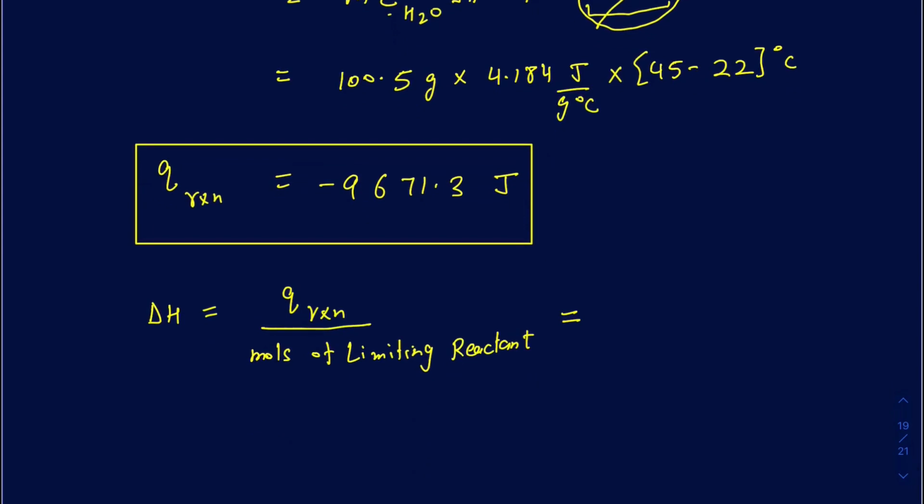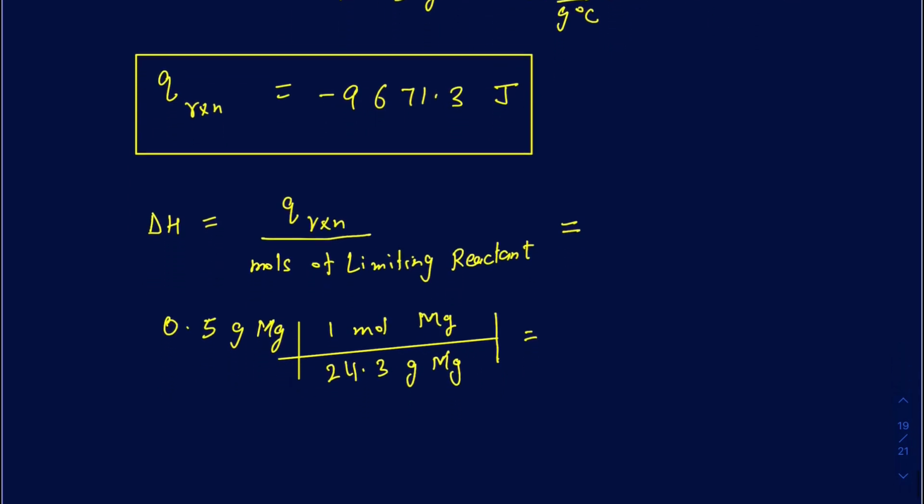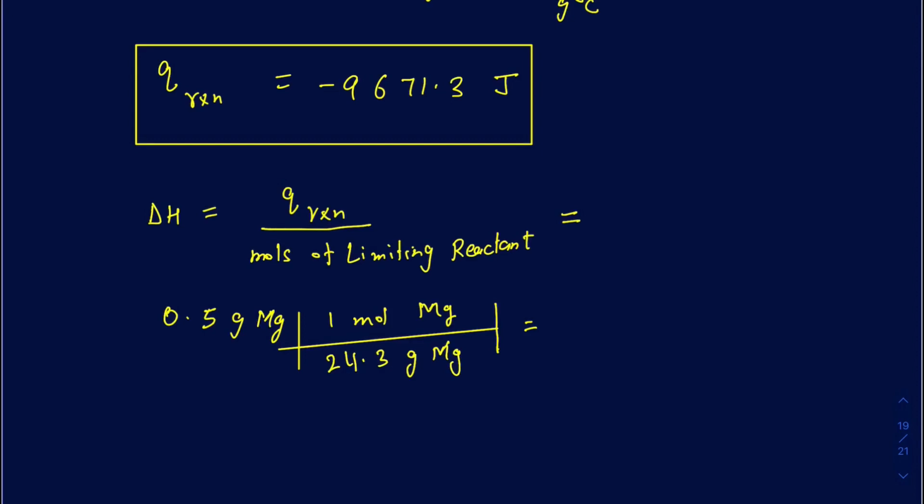So we're using 0.5 grams of magnesium, and obviously in your experiments you might very well be using a different amount there. And then go ahead and figure out the moles of that magnesium. So it's going to be 1 mole of magnesium divided by 24.3 grams of magnesium. So remember, when you're going from grams to moles, you're going to be using the molar mass or the atomic mass.